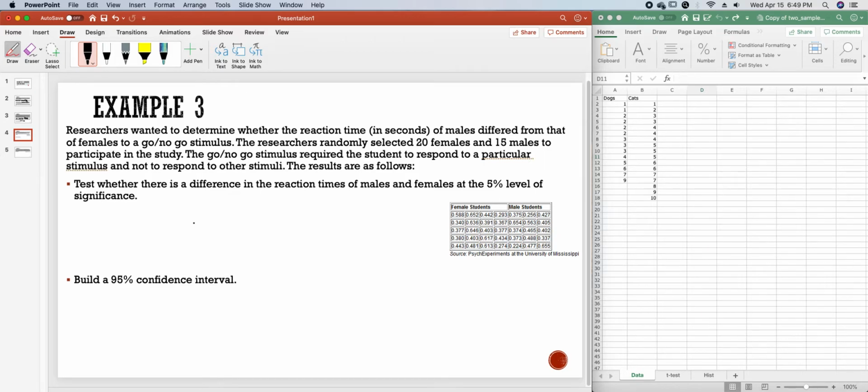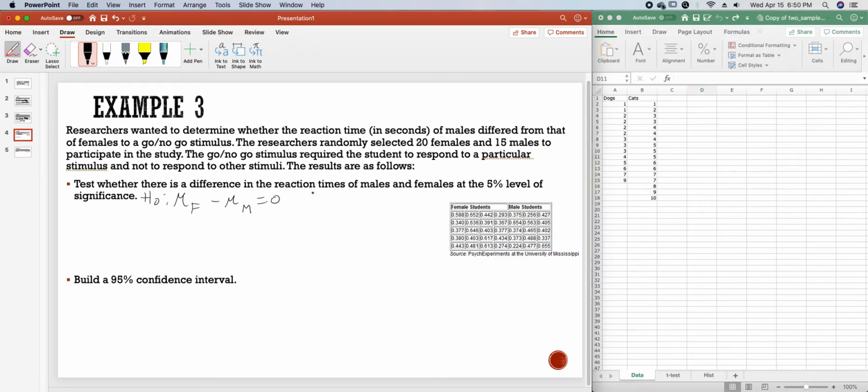We want to test whether there is a difference in the reaction times of males and females at the 5% level of significance. So our null hypothesis is that the means are equal. So the mean of males and females are equal, or that we could subtract them and they equal 0.